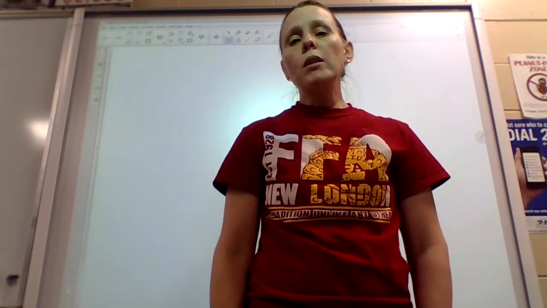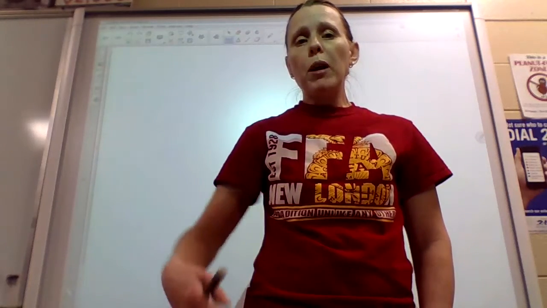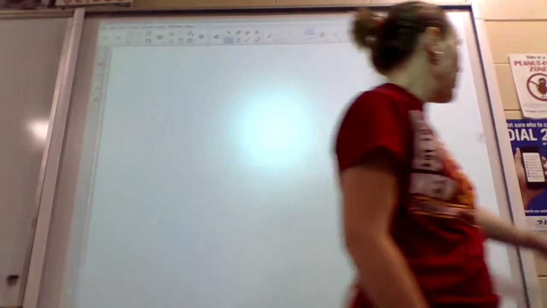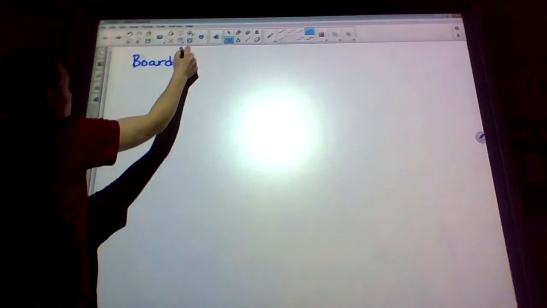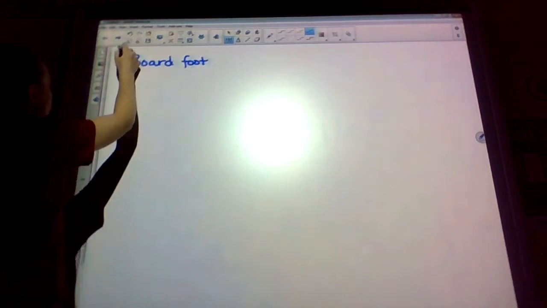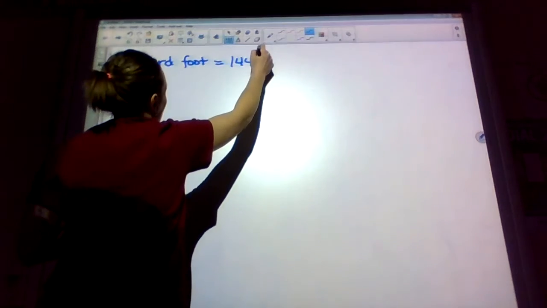But board feet are also measured using an equation, so I'm going to show you what that looks like today. One board foot is equal to 144 cubic inches.